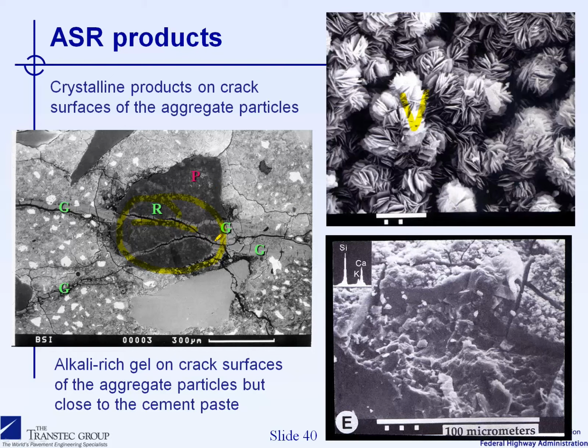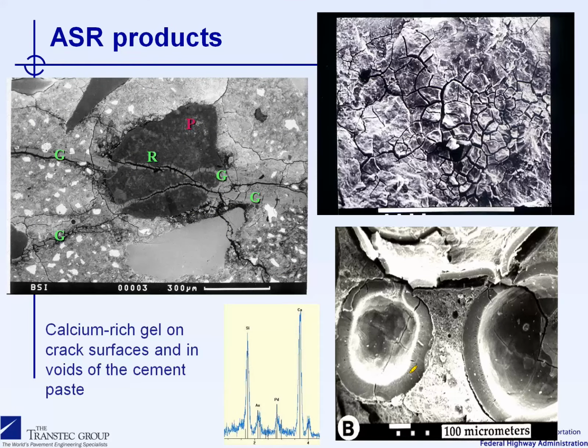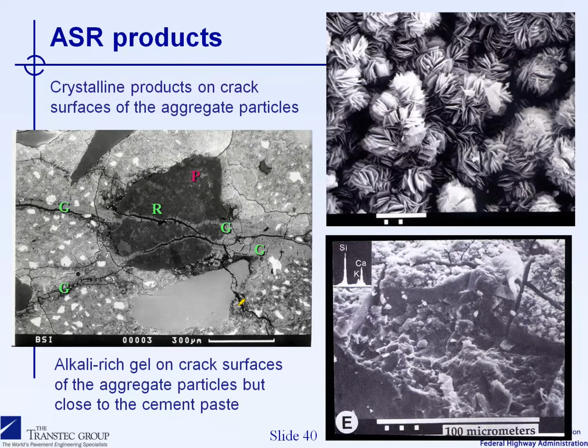Then when you reach the limit of the aggregate particle going through the cement paste, you will see a more massive type of gel present at that location, which corresponds to a layer of gel on the surface of the reactive particle, as you can see here. When the gel goes through the cement paste, its composition will change.